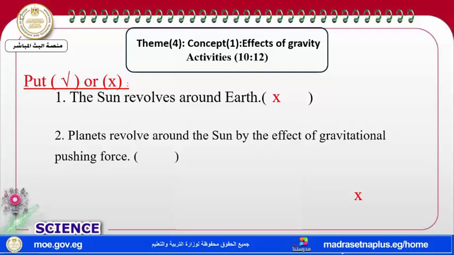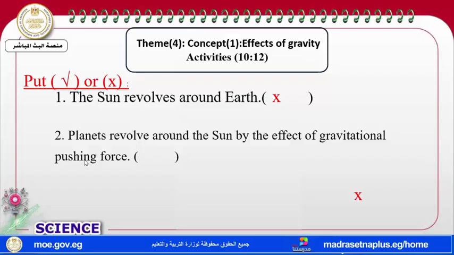The next one. Planets revolve around the sun. Yeah, planets until now revolve around the sun. All planets revolve around the sun by the effect of gravitational force, by gravity. Pushing?